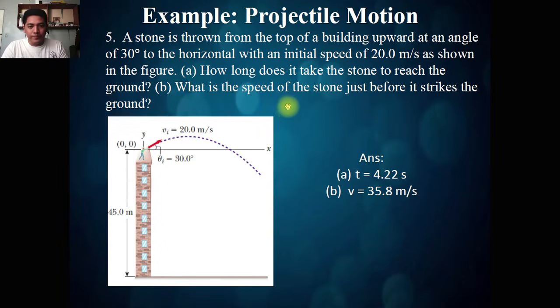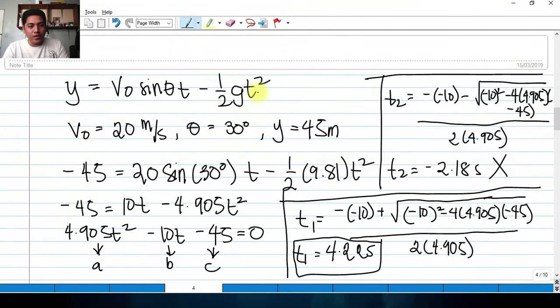So letter B, what is the speed of the stone just before it strikes the ground? Just before it strikes the ground, the speed of the stone is actually the magnitude of the velocity along x and the velocity along y. Take note that the problem is asking for the speed, so that is basically the magnitude of vx and vy.